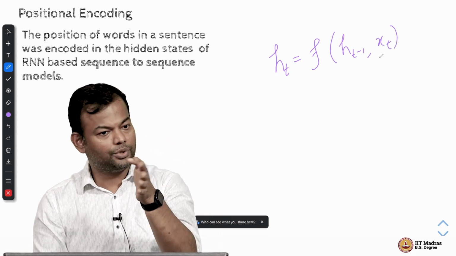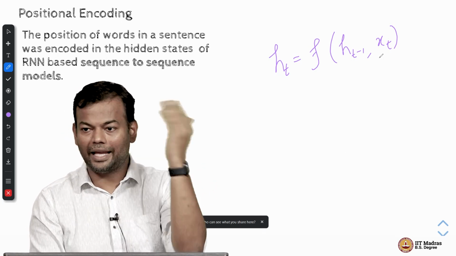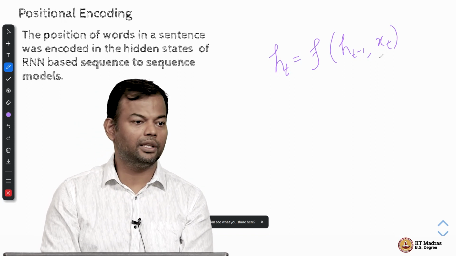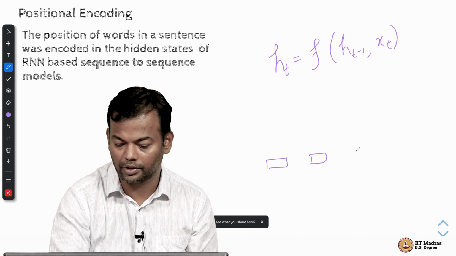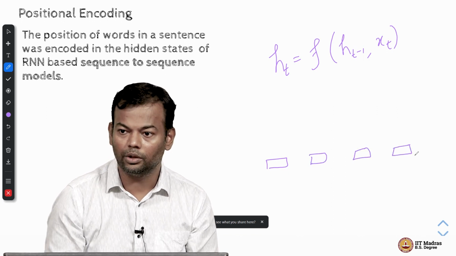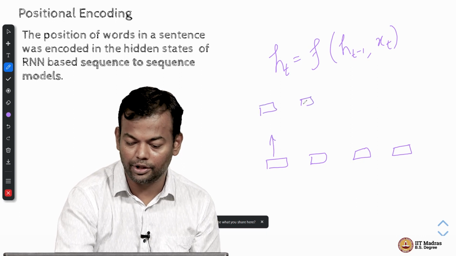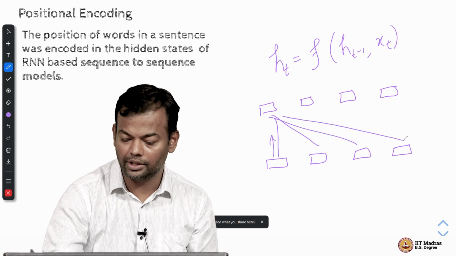In that case, some positional information was already encoded because there is a notion of previous, next and so on, right. But now if you look at the transformer architecture, you had these input tokens, and for every token you're trying to calculate a new representation which depends on all the other tokens in the input.